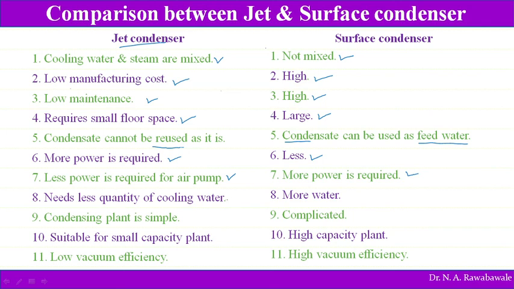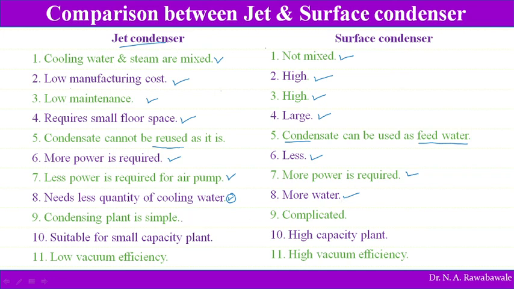As the steam and water directly mix, a smaller quantity of water is required to condense the steam. But in a surface condenser, as there is a barrier, steam and cooling water do not mix with each other, so a larger quantity of water is required to condense the steam.